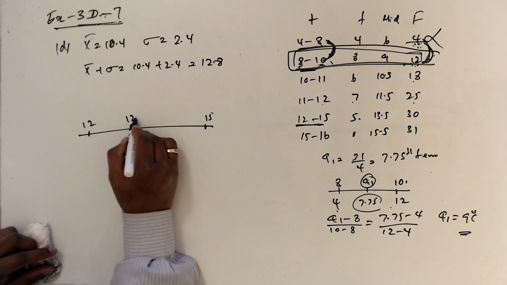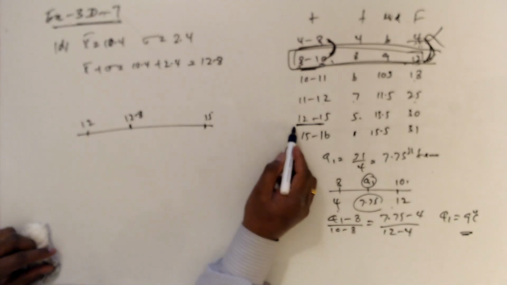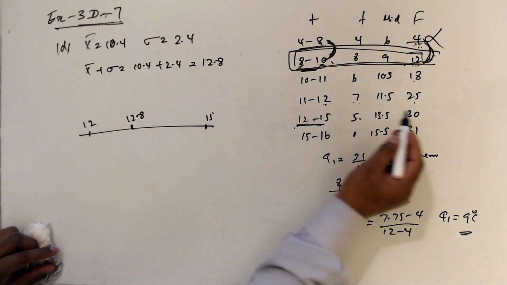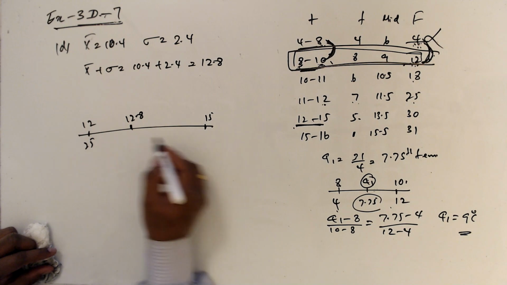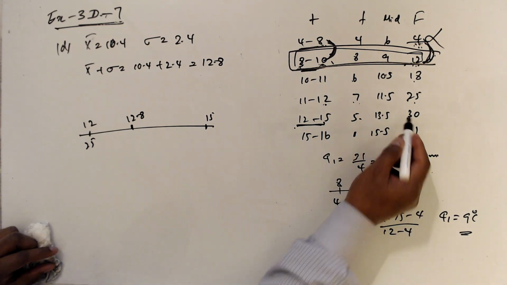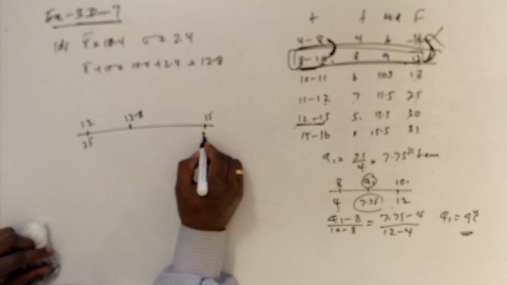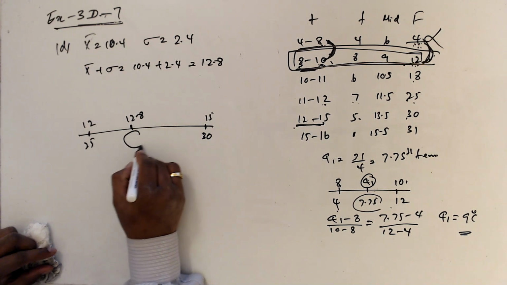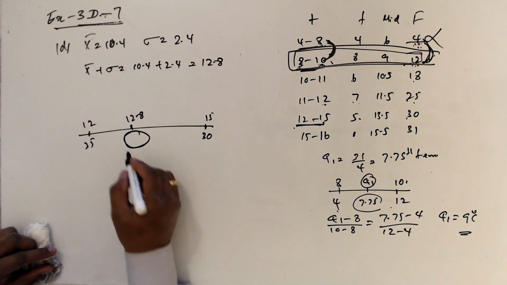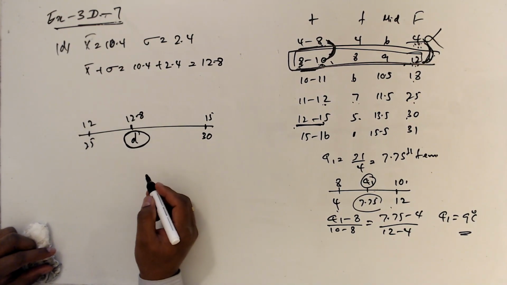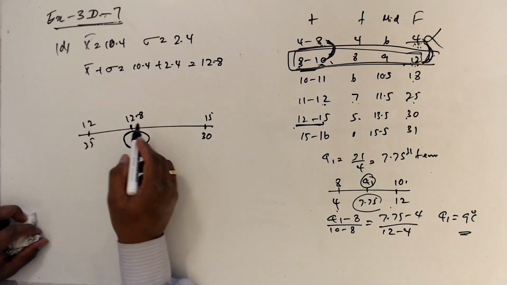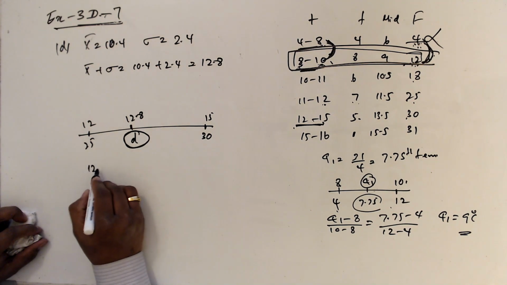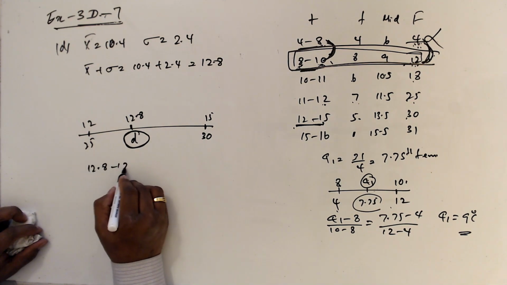When it is 12, what is the cumulative frequency? 25. When it is 15, what is the cumulative frequency? 30. We need the value for this one, so we'll write the interpolation.